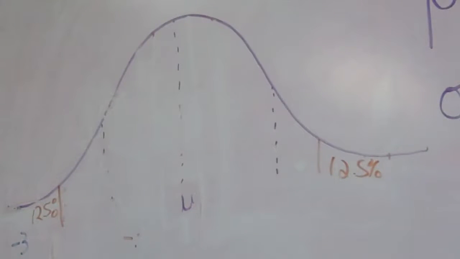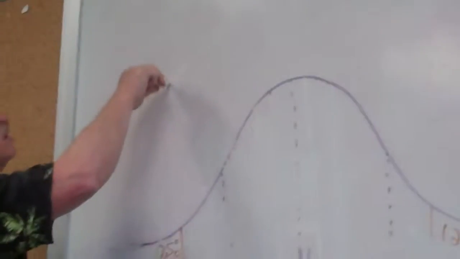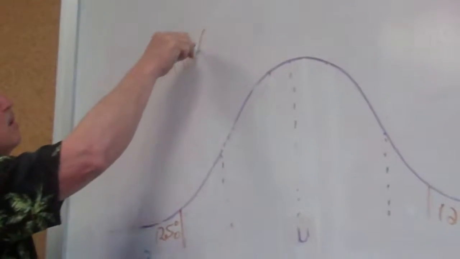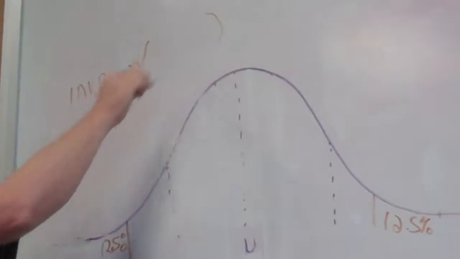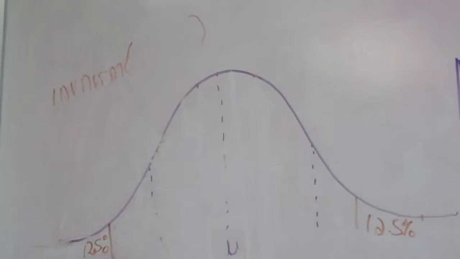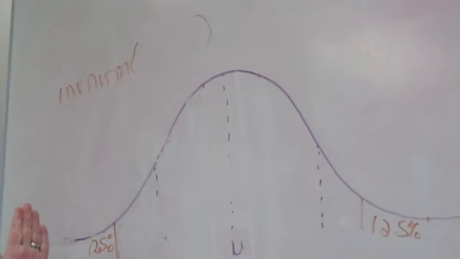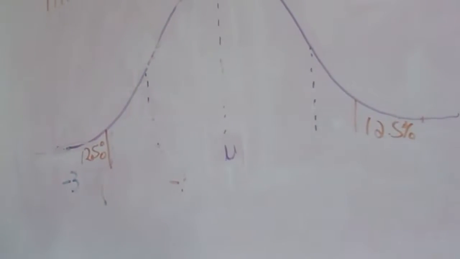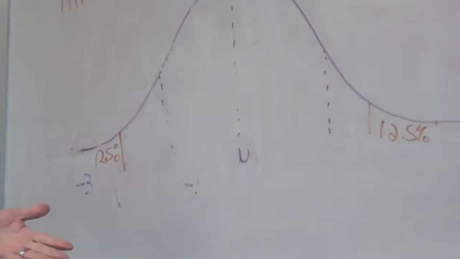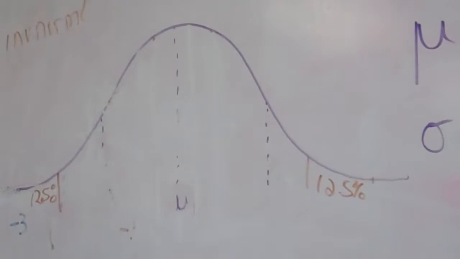So I think all I have to do is my inverse norm command. It just wants to know what percent to the left. It will give me a line that has a percent to the left.